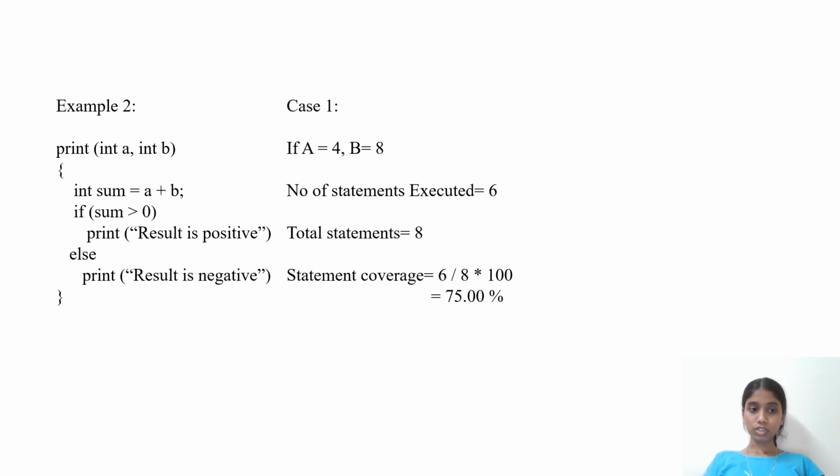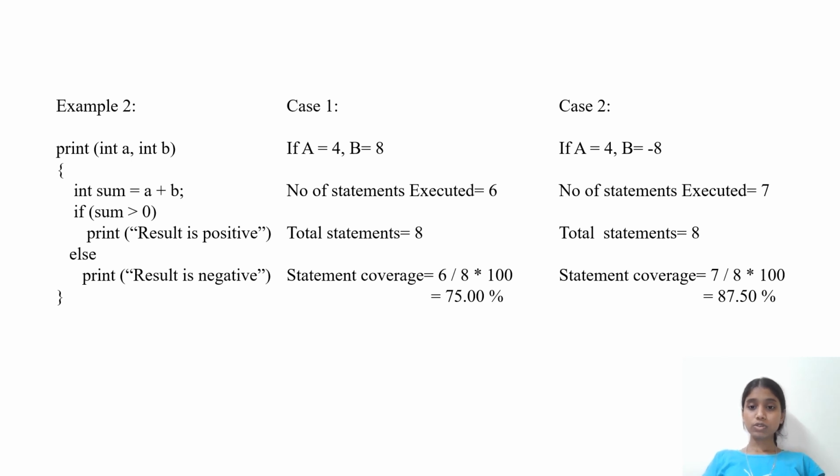So 1, 2, 3, 4, 5, 6. The number of statements executed are 6. The function parameters and these statements all contribute to the total statements, which are 8. So the statement coverage is 6 by 8 into 100, which is 75%.